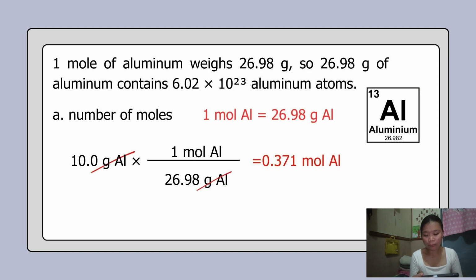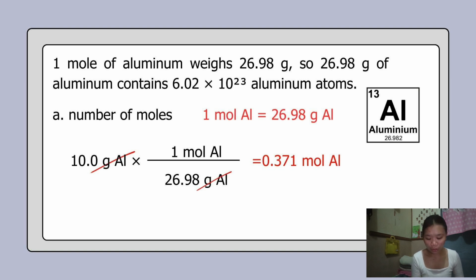For A, 1 mole of aluminum weighs 26.98 grams. So 26.98 grams of aluminum contains 6.022 times 10 raised to the power of 23 aluminum atoms, which is 1 mole.